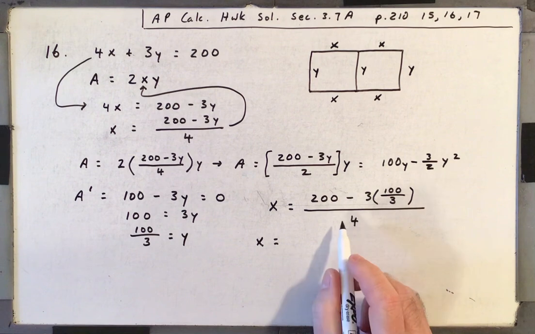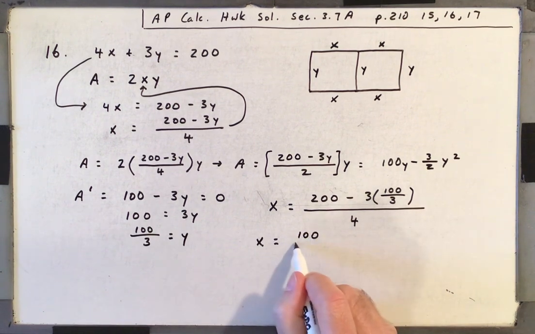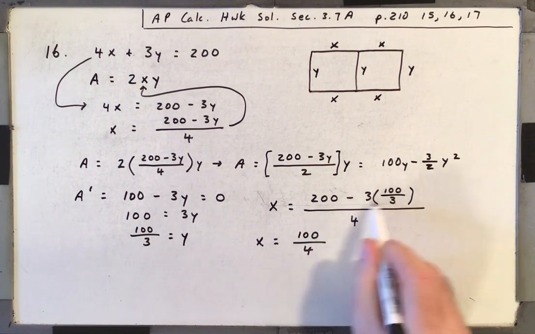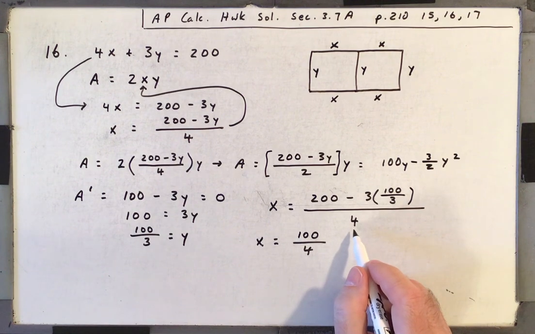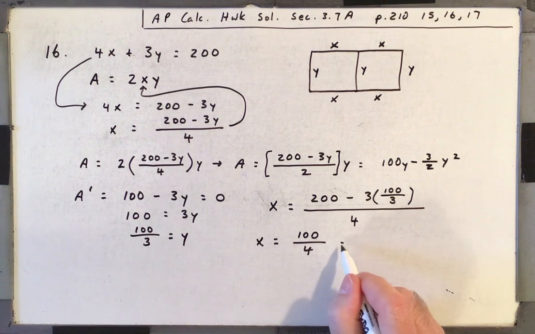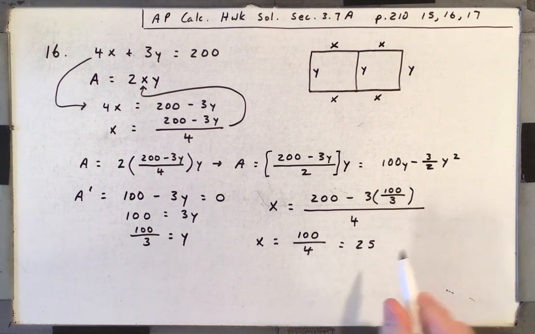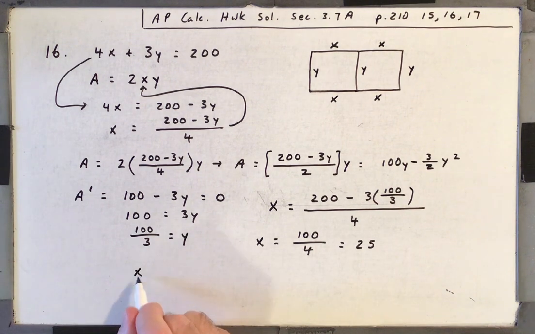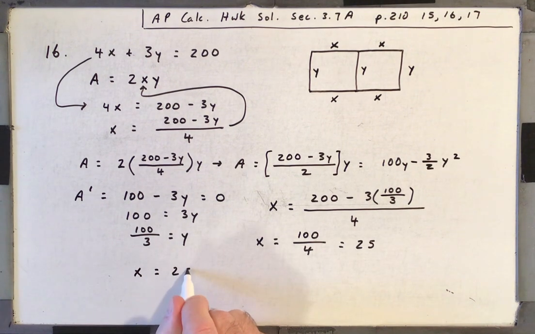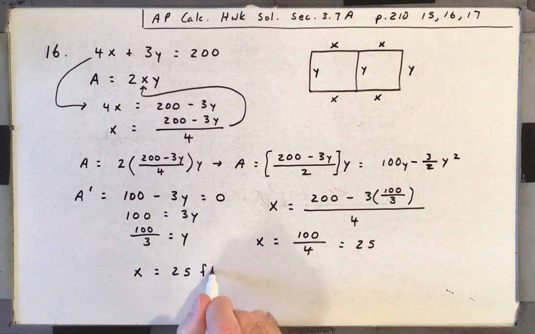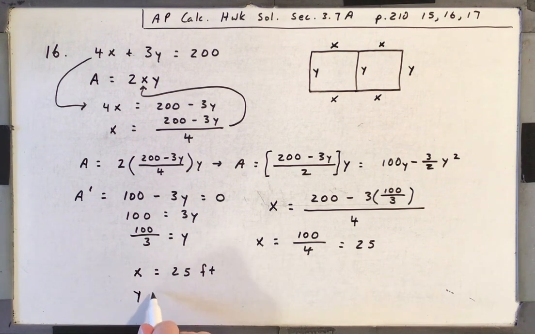So that's going to be 100 over 4. Right? 200 minus 100 divided by 4 is 25. So our x dimension is 25 feet. And our y dimension is 100 over 3, or 33.33.